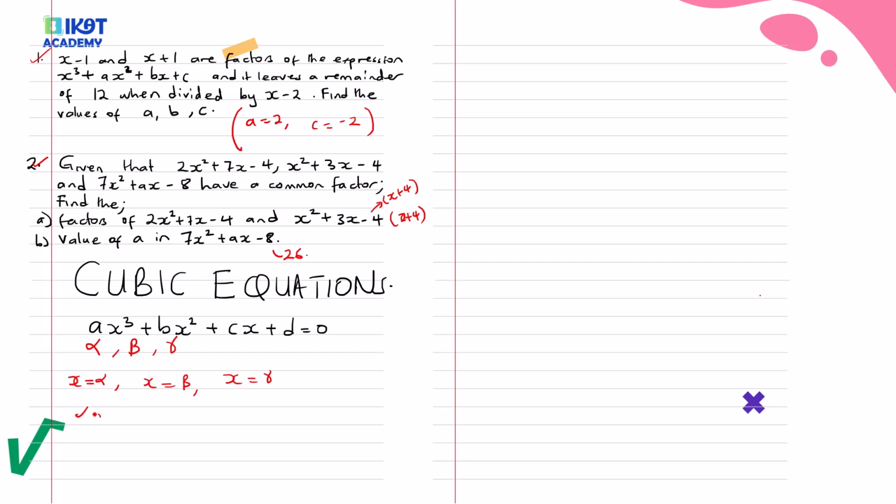So when we bring x this side, this is x minus alpha, x minus beta, then x minus gamma. Now we can multiply all of these. You're going to see why we are doing this.